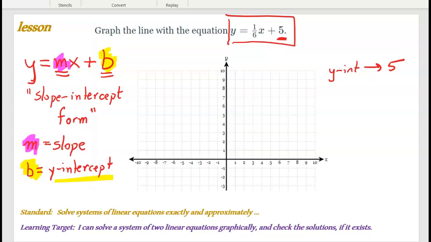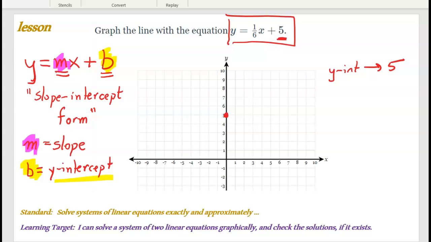So on the y-axis, the line touches this point. Intercept means to touch. So y-intercept is the value on the y-axis where this line touches it.